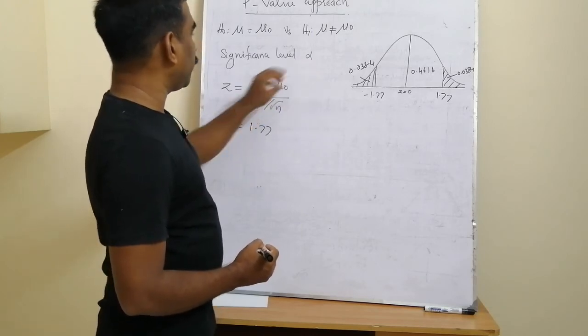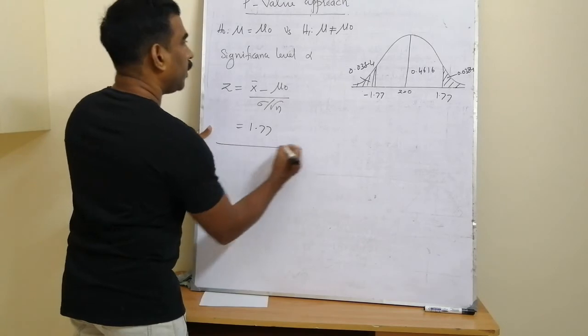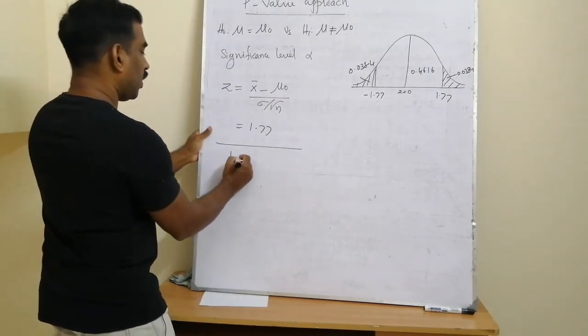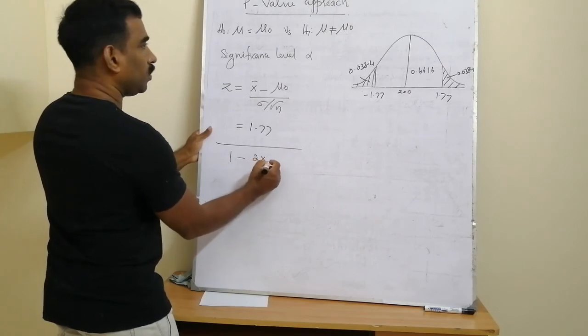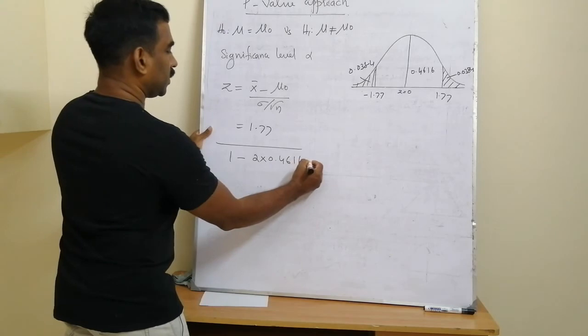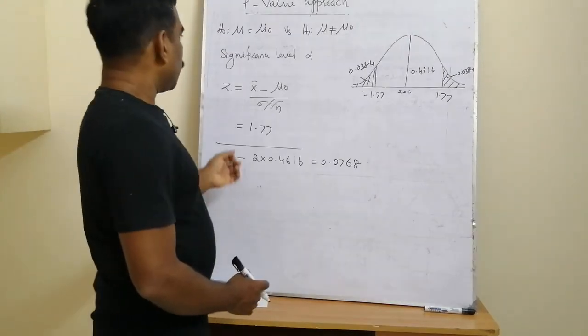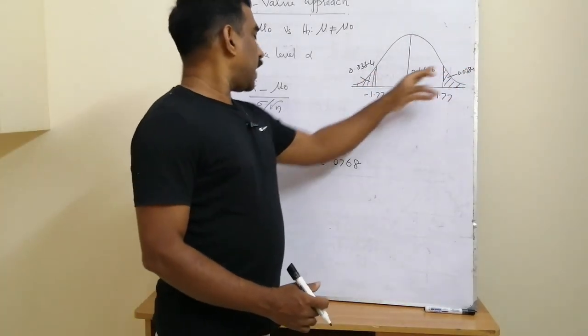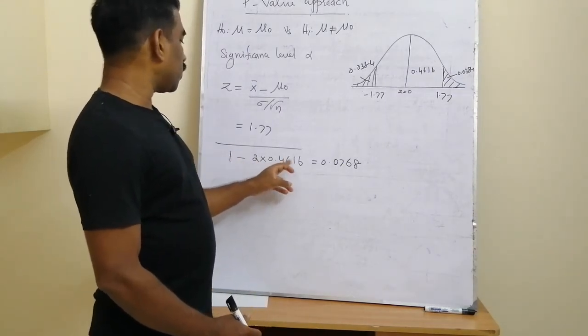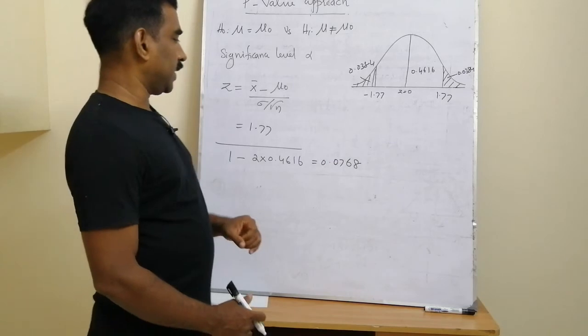Adding up the tail probabilities, we check whether they exceed the corresponding alpha by 2 value or the total alpha value. The total tail probability is obtained as 1 minus 2 into 0.4616, that is 0.0768.